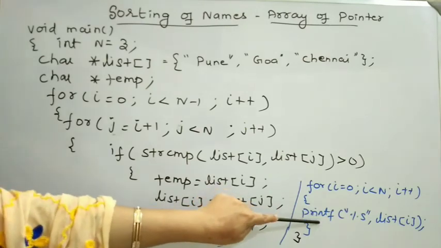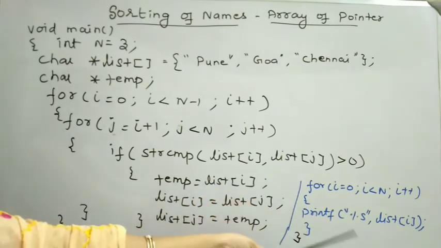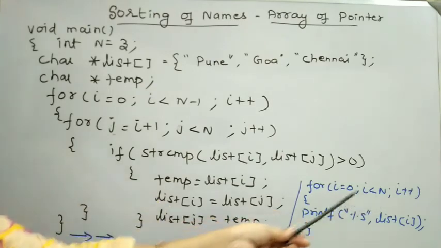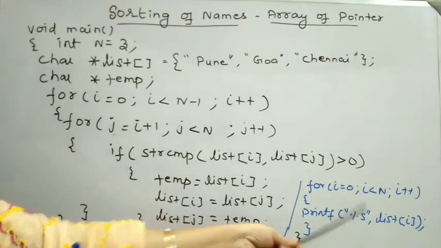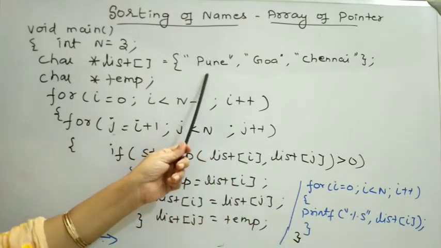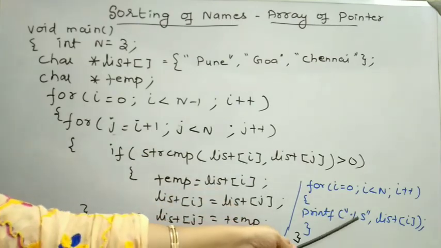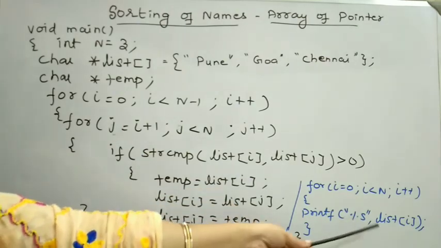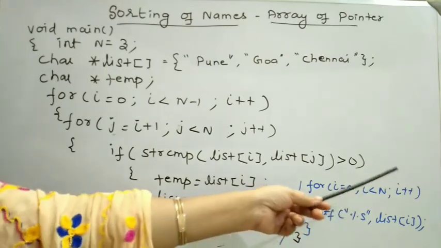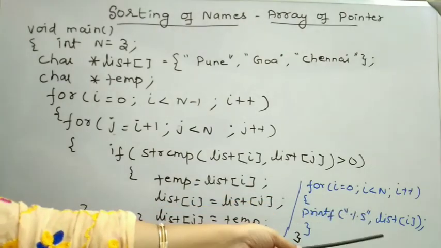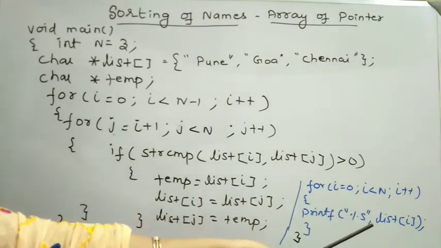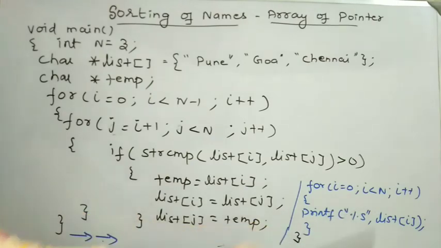Using this printf statement, initially i is 0, and list of 0 is the base address of the first string value. What this %s will do is, starting from the base address until it finds the terminating character, that is \0, it will print the value.